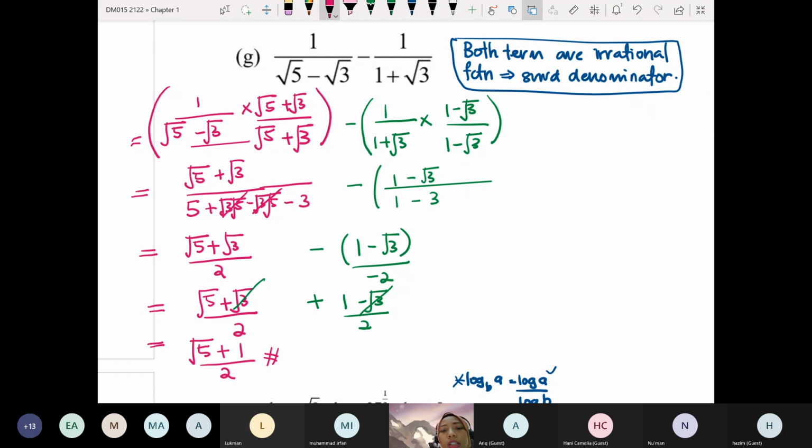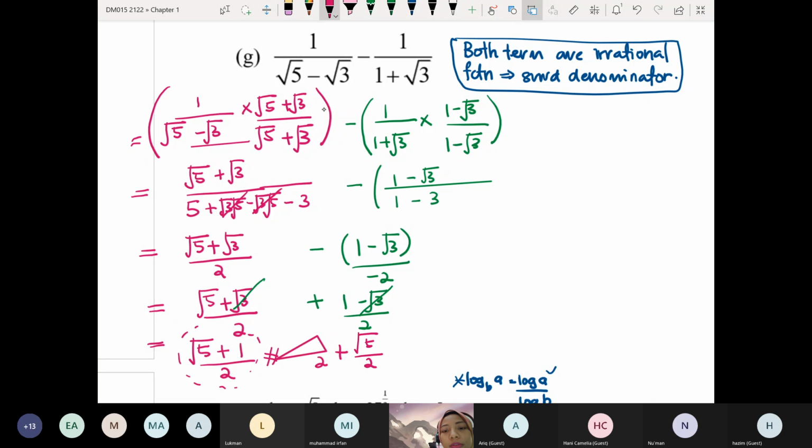Okay. So ini adalah bentuk A plus √B. Kalau ditanya what is your A? So you kena rearrange balik lah. You kena rearrange function ini jadi apa? Jadi 1 over 2 plus √5 over 2.